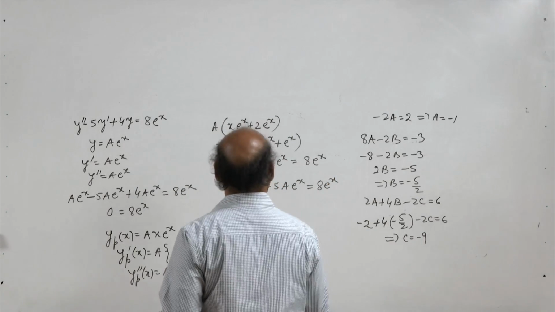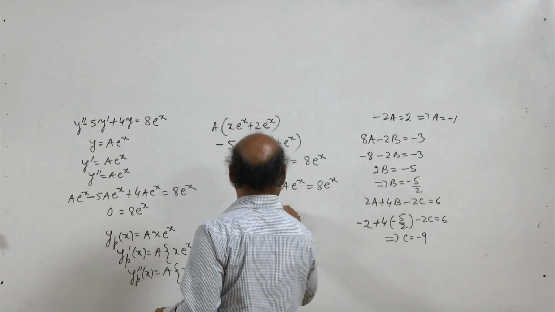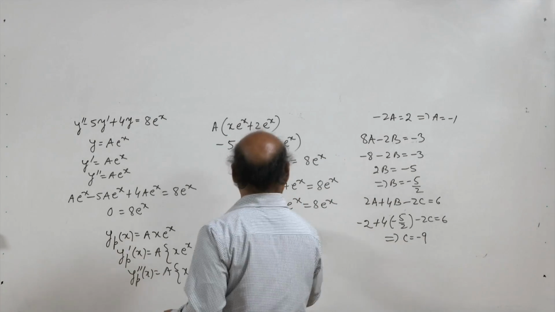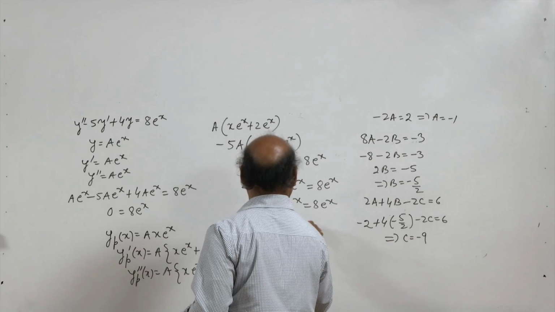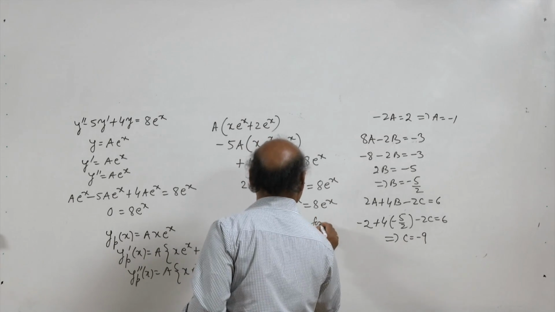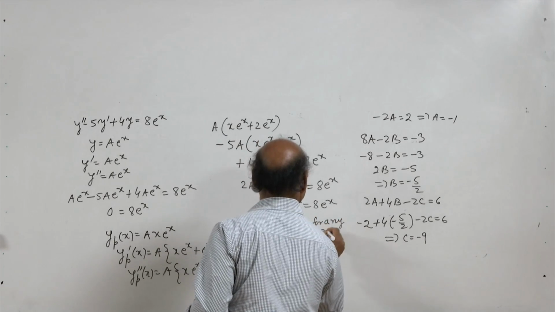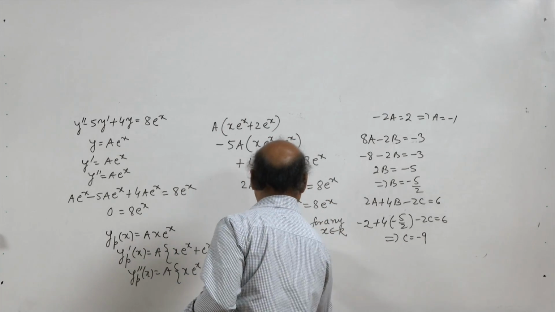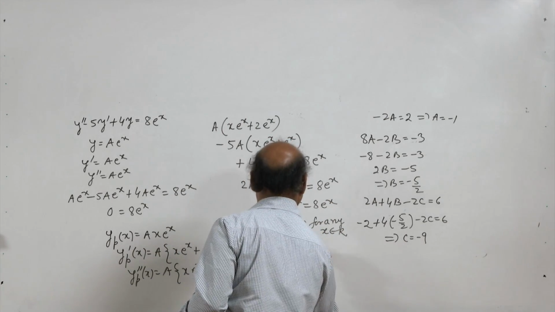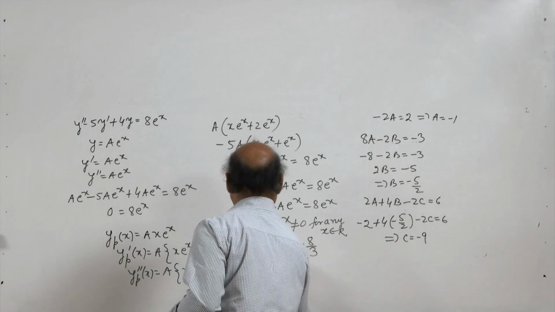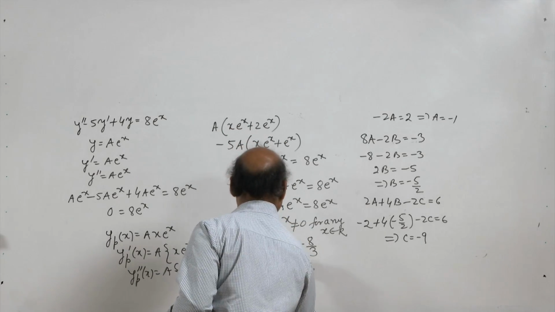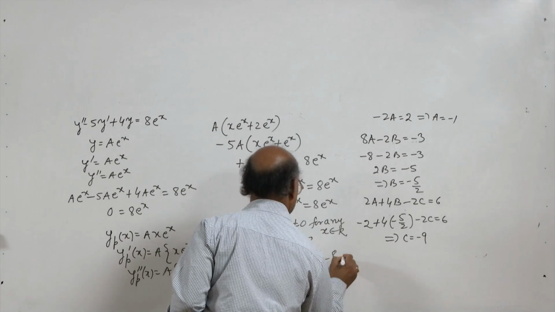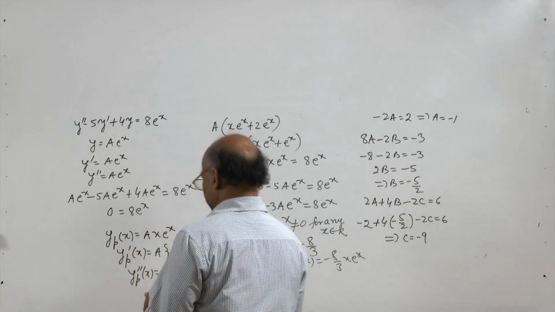So, we get minus 3a e to the power x equal to 8 e to the power x. Now, e to the power x is never 0 for any x. So, we can divide by e to the power x and we get the value of a as minus 8 by 3, and thus y_p(x) we get as minus 8 by 3 x e to the power x.